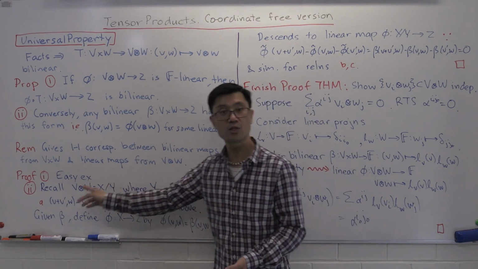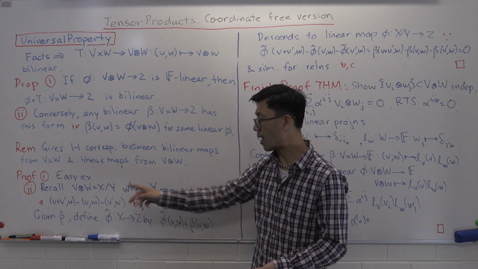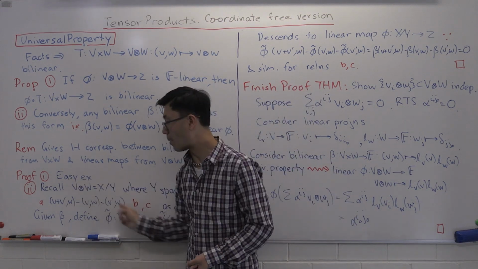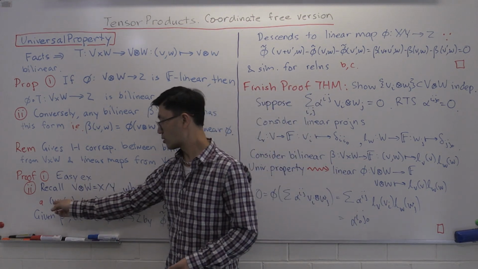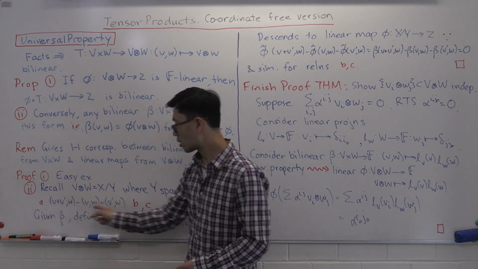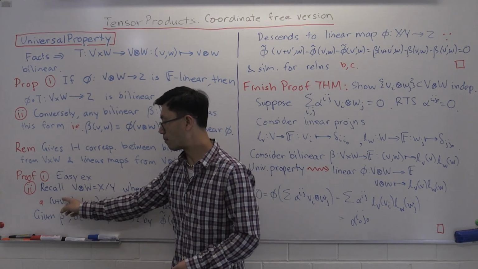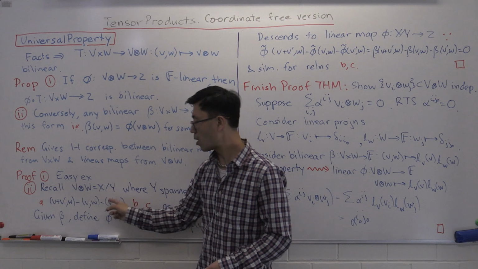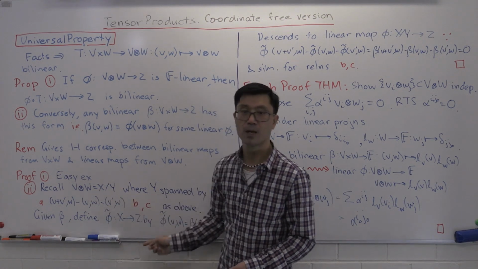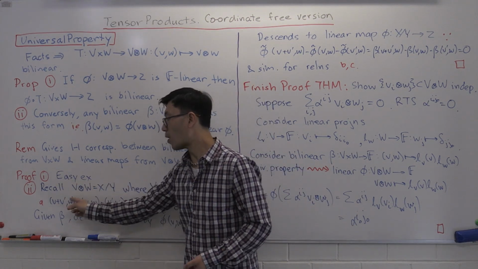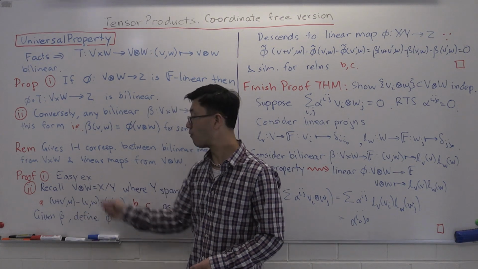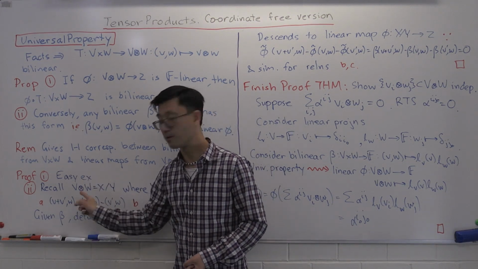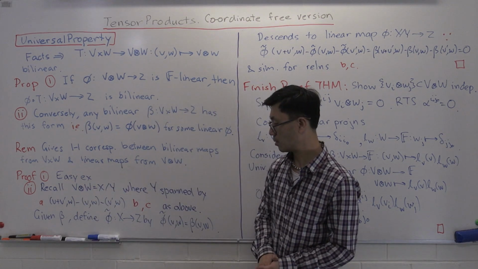Well, there were various relations. I gave you three types, A, B, and C, and I'll just look at the ones of the form A here, okay? So the ones of this form are this linear combination of pairs, V plus V prime comma W, minus V comma W, minus V prime comma W here. And remember, this relation was the one that's going to give you the left distributive law for elementary tensors inside this big V tensor W here, okay?